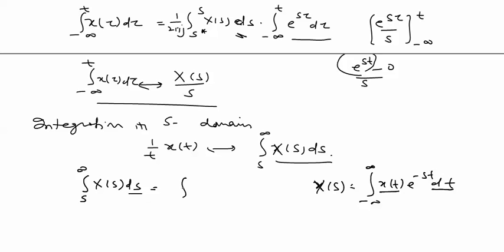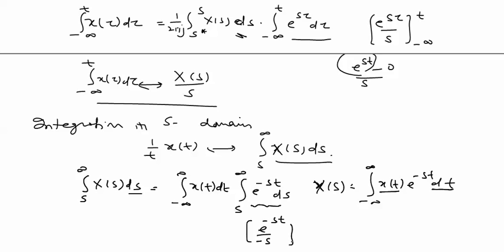I separate out these two terms, and the remaining term is the integral from s to infinity of e power minus st ds. This integration I solve separately: e power minus st upon minus t, from s to infinity.